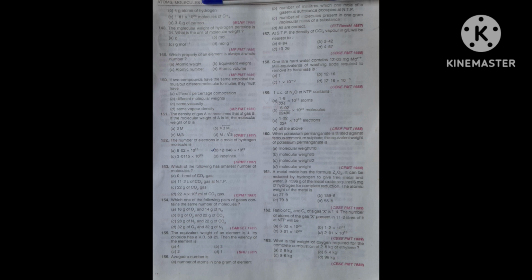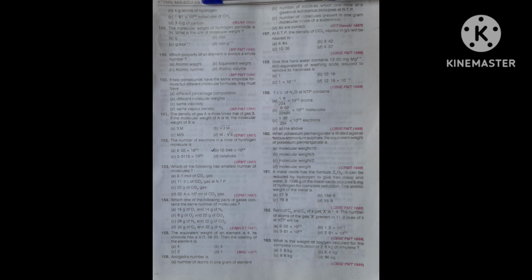How did it come? According to the question, 0.1596 divided by 0.006 comes to 26.6. Then you have calculated the equivalent mass.